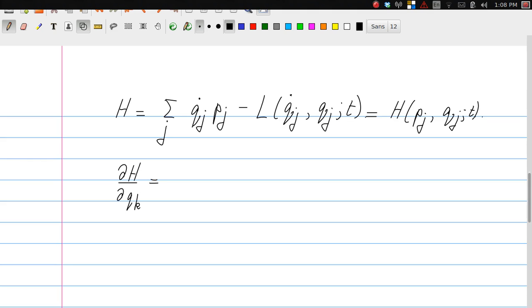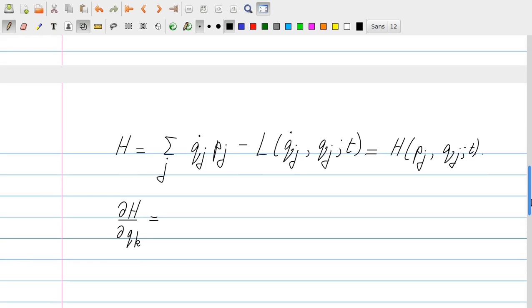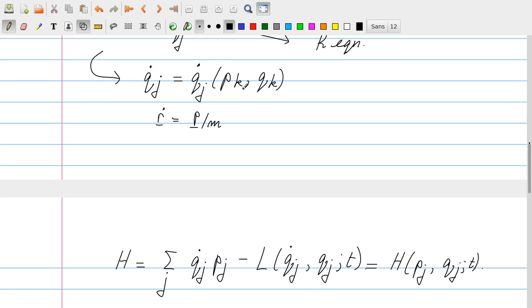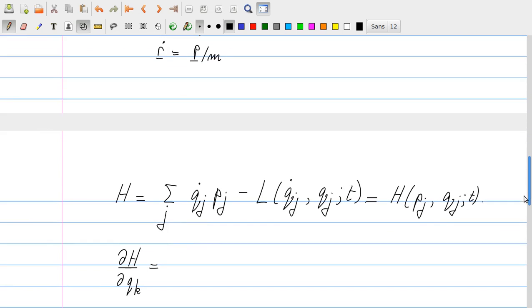Now it turns out interesting and useful to consider the derivative of this function with respect to the coordinates pj and qj. Well, here I have taken the derivative with respect to qk, because there is a sum over j here. When I take the derivative with respect to qk, that may pick out one element of that sum. But in this case, the q dot j, that was written as a function of all the pk and the qk.